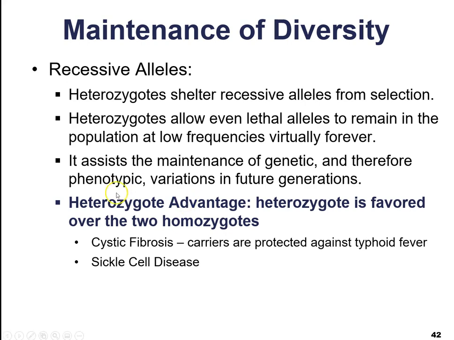And so here are two examples, right? So cystic fibrosis. So carriers of cystic fibrosis are actually protected against typhoid fever. Now, if you're in an area where you're never exposed to typhoid fever, it doesn't really matter, right? And so you may see this sort of, then there really isn't a heterozygous advantage, right? But in certain areas where this is helpful, it is super important, right?